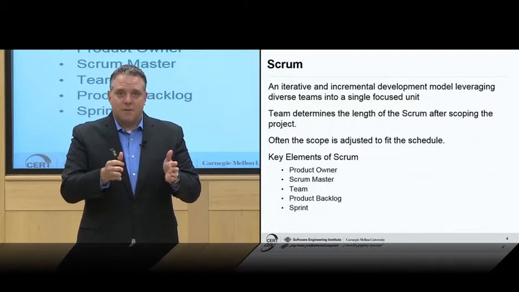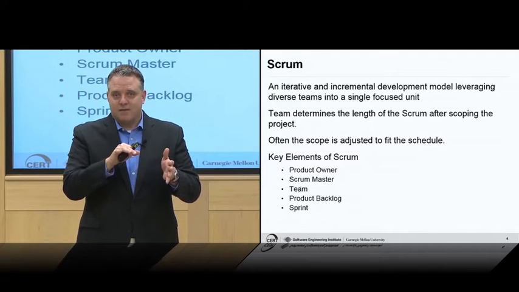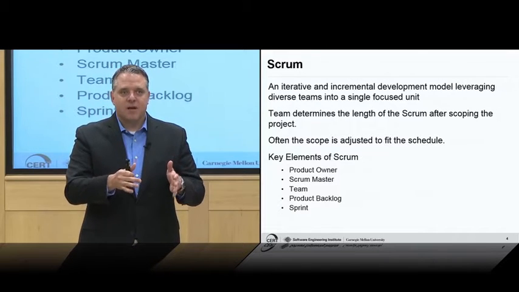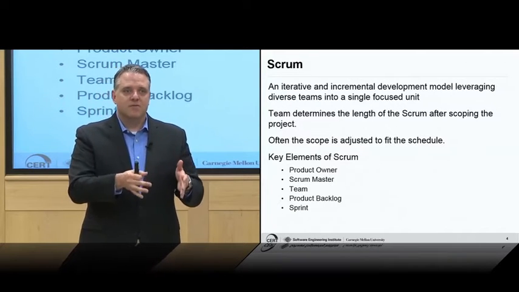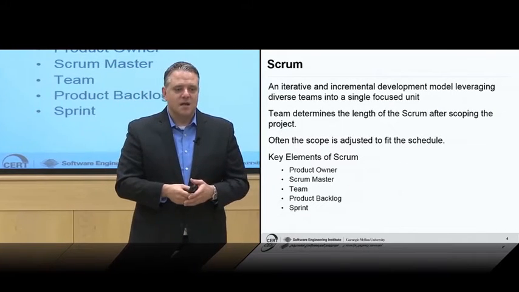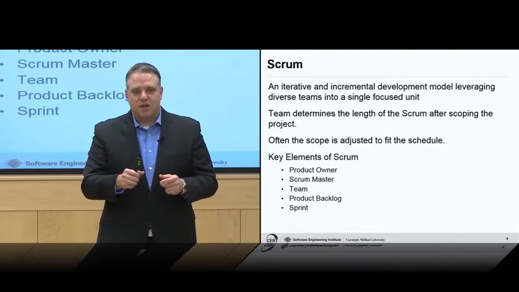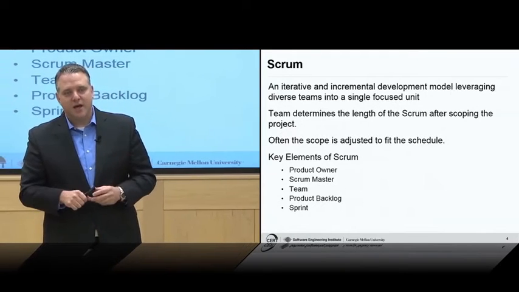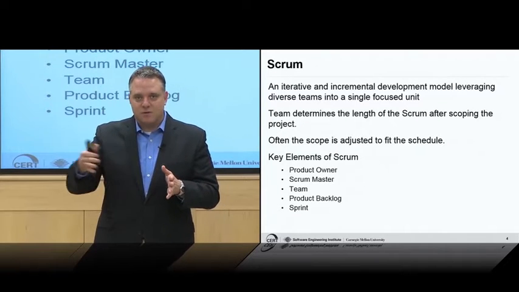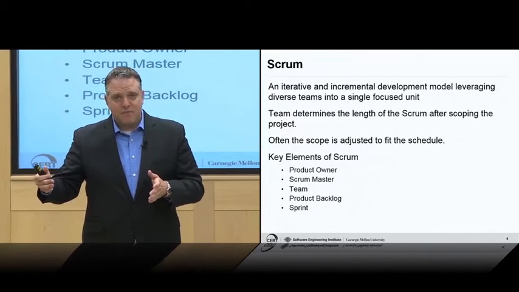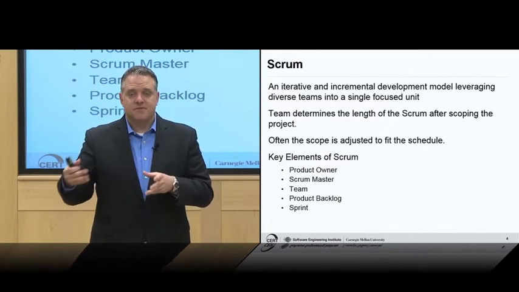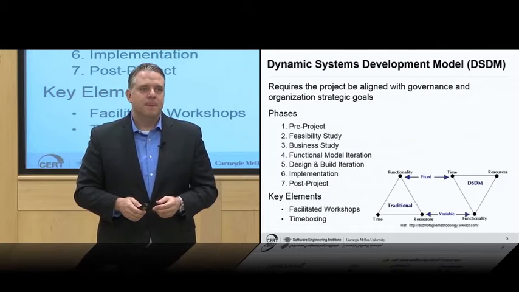All right, I look at my requirements, I look at what I can do reasonably given my staff and ability in that time frame, and I say, okay, this is going to be the scope of the project. So the team may look at that and say, all right, this is what we reasonably think we can do based on the time we have. And you iterate through that over several passes, and at the end you get some type of software product out.